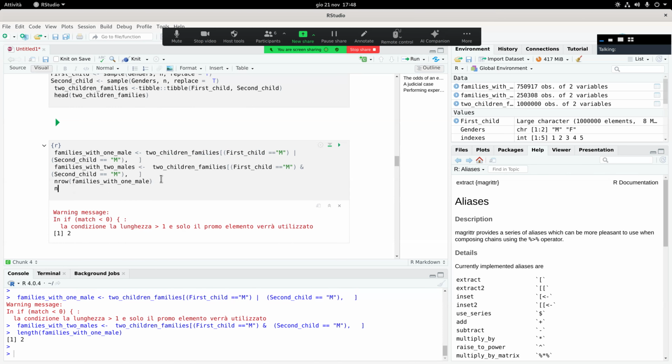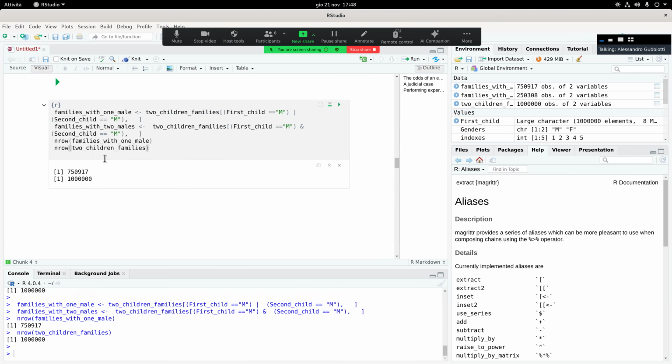Not two children families, but I want to compute how many families have two males. So two male children.